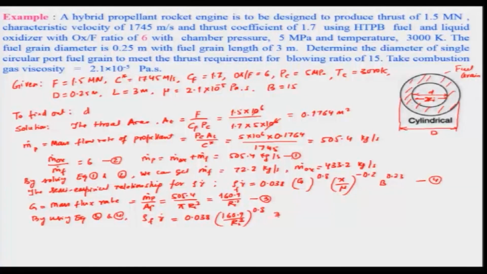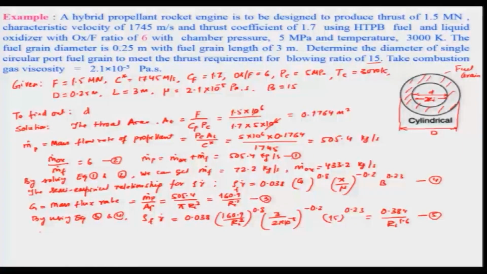So, therefore, we will take 3 divided by 2.1 into 10 power to minus 5, to the power minus 0.2, 5 to the power 0.23. So, that we can get is 0.384 divided by r I to the power 1.6. Let us say that this is your equation 5.